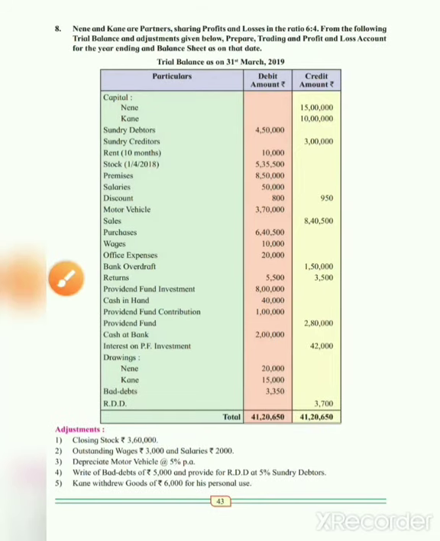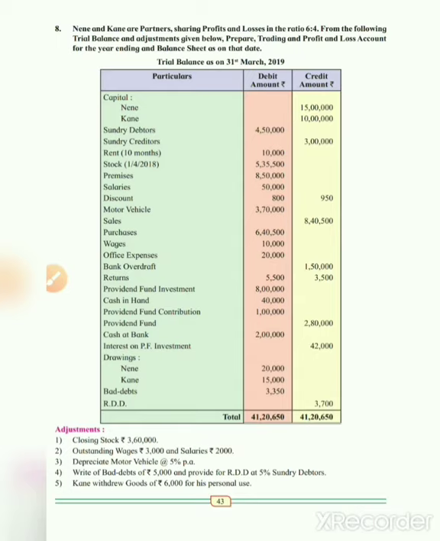Next is sales. It is the revenue for the firm, will be recorded on credit side of trading account by rupees 8,40,500. Next is purchases. It will be recorded on debit side of trading account by rupees 6,40,500. Next is wages.